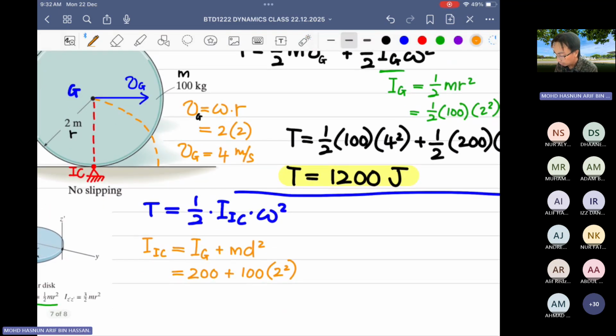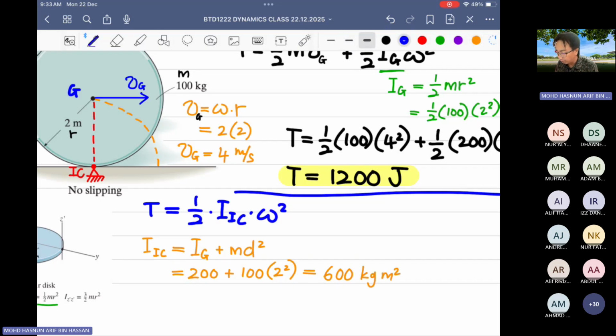So now the value of IIC will be equal to 200 plus 100 times 2 square, which will give you 600. So IIC is 600 kg meter square.